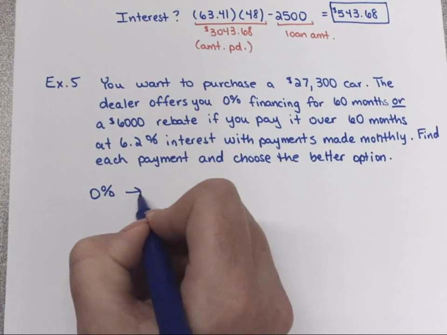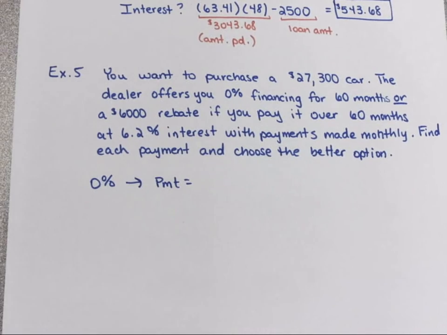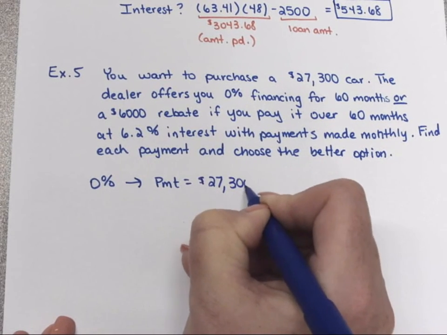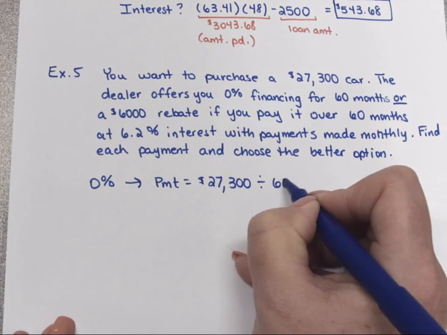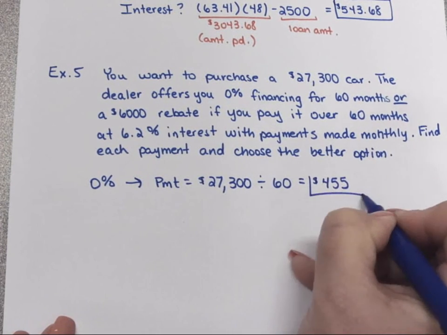We actually just talked about this with the previous example. We would not need a formula to figure out the payment if we aren't charged interest. We just need to take the $27,300 loan and divide it by 60, okay? And we won't punch that in, but you get a $455 payment.